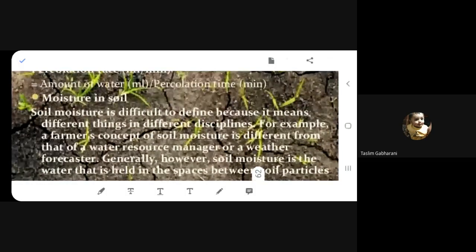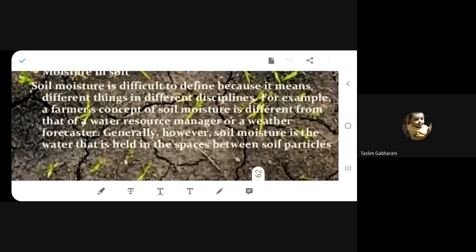Whereas for a farmer, it is presence of water in the soil. The moisture becomes different for different people. So soil moisture is the amount of water which we observe in between the soil particles. The water which is trapped between the soil particles is called moisture of soil. Do you understand?